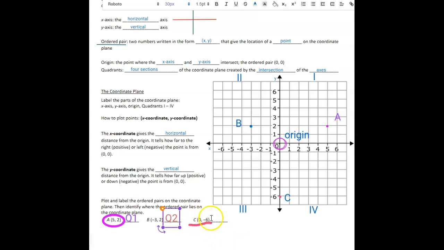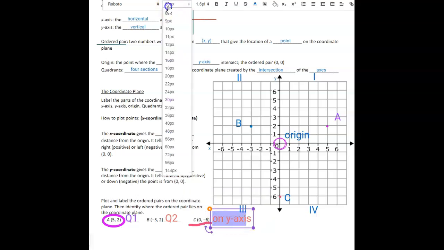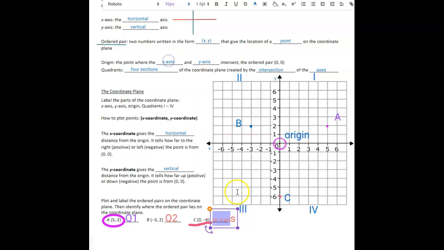And so for this quadrant, we're going to put what axis that it is on. And it is on our y-axis. So that is how we will label where it is located. Okay, on the y-axis. I'm going to make this a little smaller so we can fit it on the y-axis.